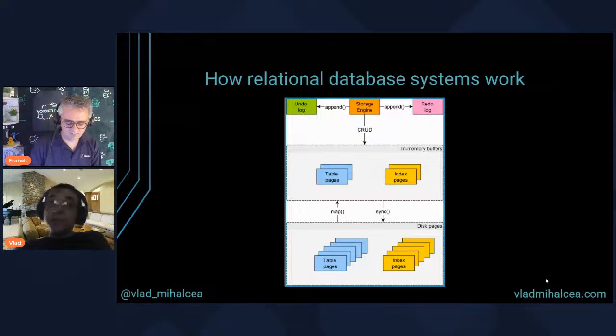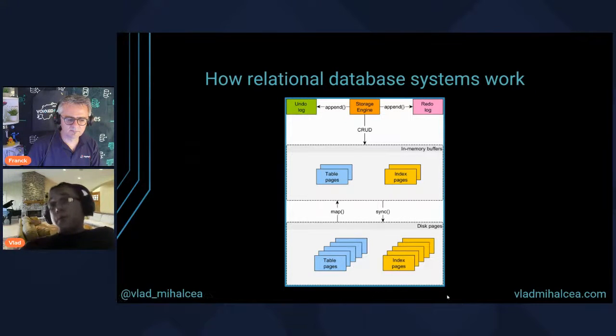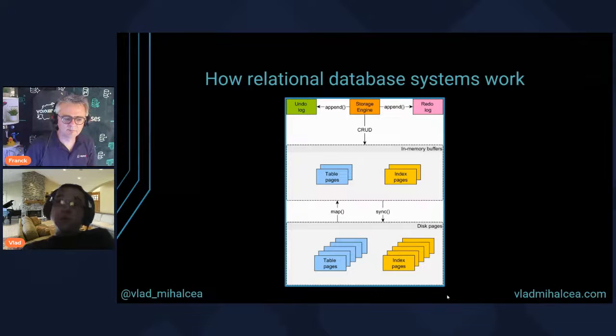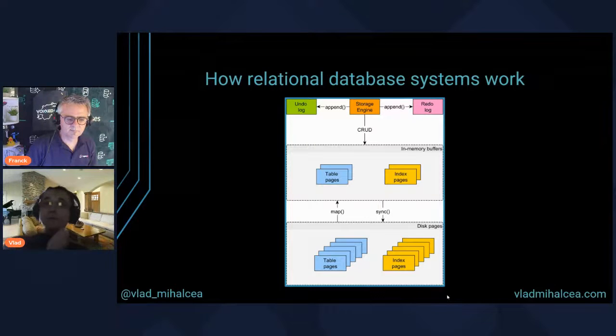And just a quick introduction: if you unbox the database and you take a look inside, you will see some components there, and eventually everything is going to be stored on the disk. In a database, you have tables, you have indexes, and in the end everything should reside on the disk, because if it doesn't reside on the disk and you unplug the database, you can lose data.